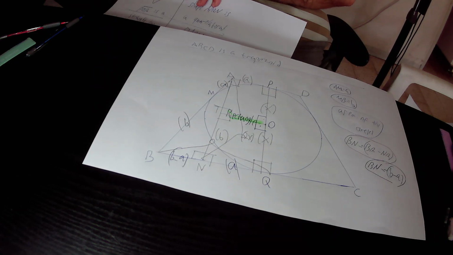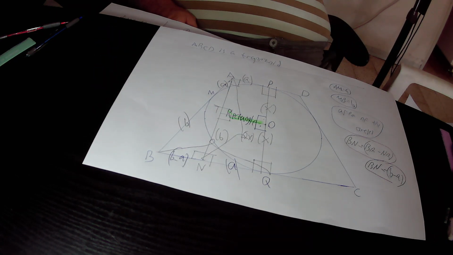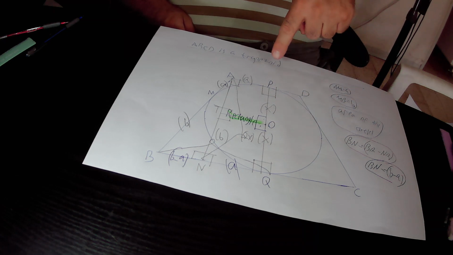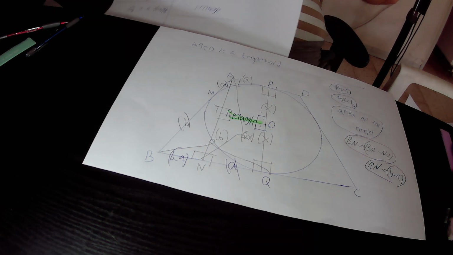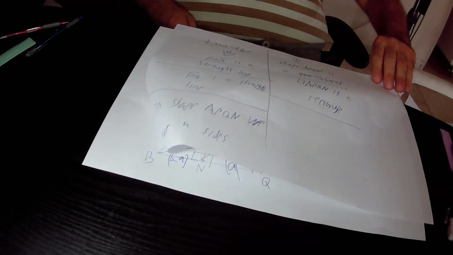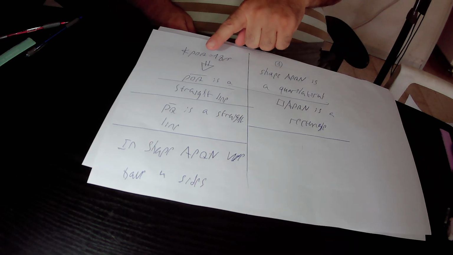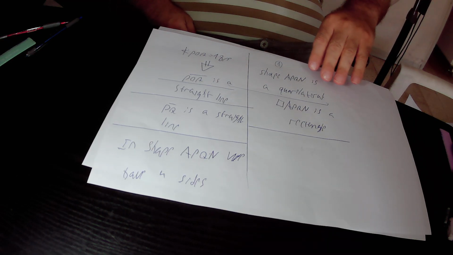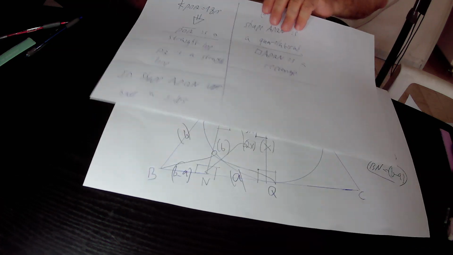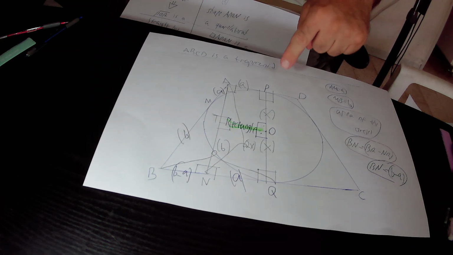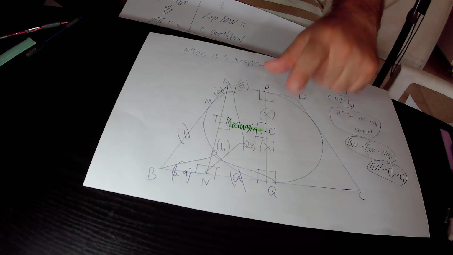And we know that any angle equal to 180 degrees must be a straight line. Therefore, line segment POQ is a straight line, because angle POQ equals 180 degrees. So if POQ is a straight line, then PQ must also be a straight line.